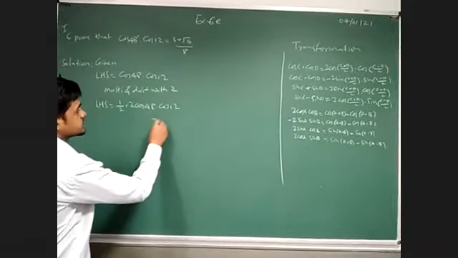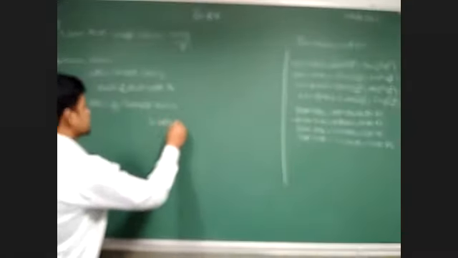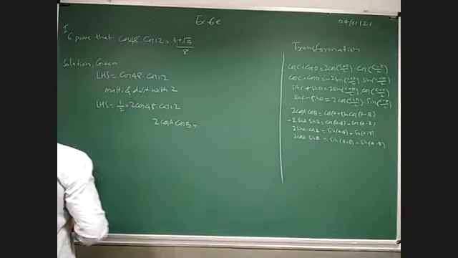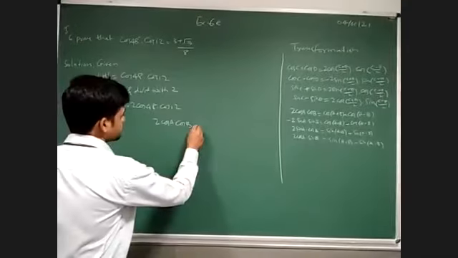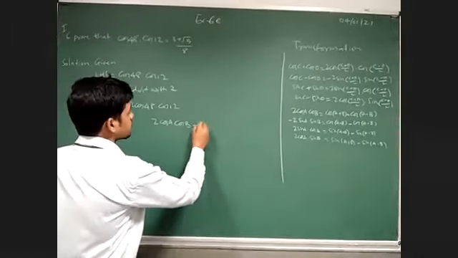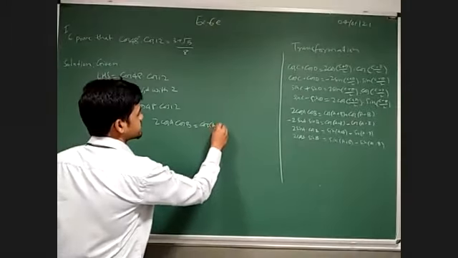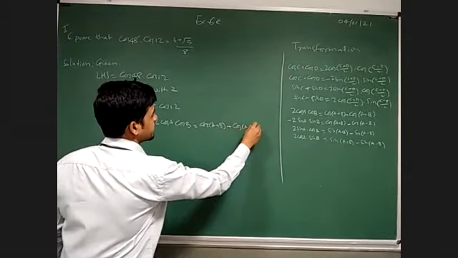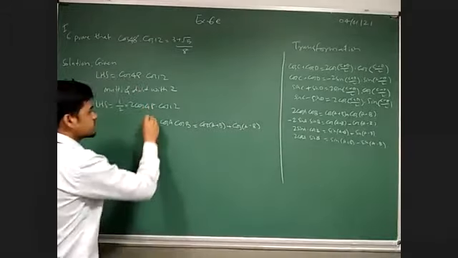The formula is 2 cos A into cos B equals cos (A plus B) plus cos (A minus B). This is our formula.